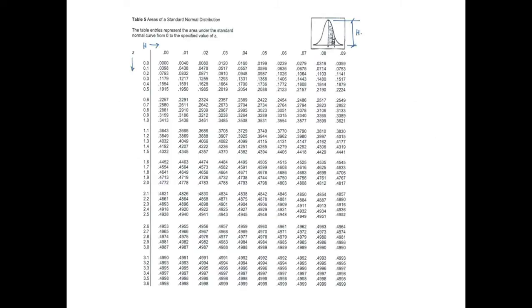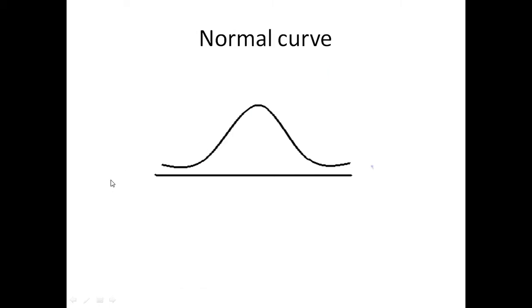When we solve the question and need probability, we need to use the area table for the standard normal distribution. Here, areas for different numerical values are given. Now let's see how to use them.